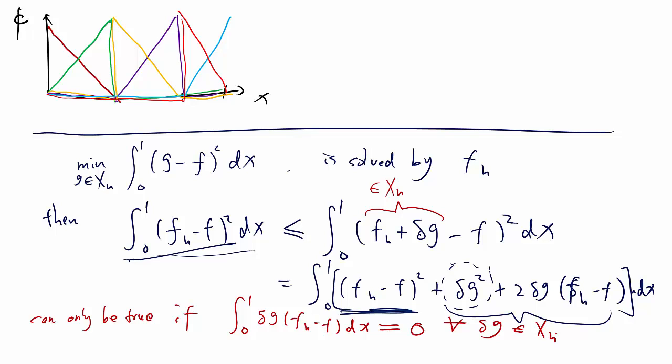What's the other word for inner product being 0? Orthogonal, perpendicular, right? It means if you draw a line that connects the projection with the real object, that line has to be orthogonal or perpendicular to any tangent direction of this blackboard. Or the difference between fh and f has to be perpendicular to the whole space. And that is what this says. So that's a different interpretation of projection that is going to be useful.